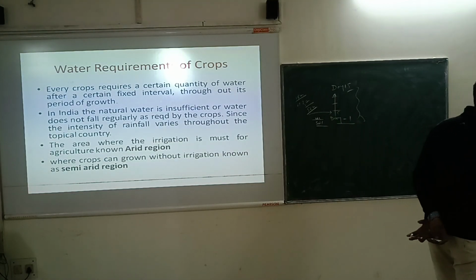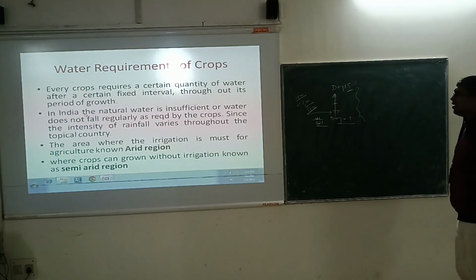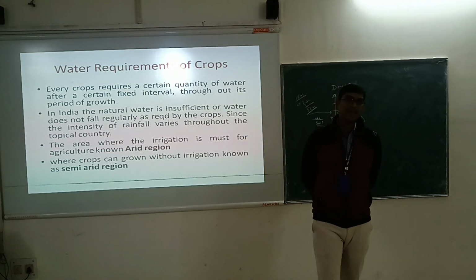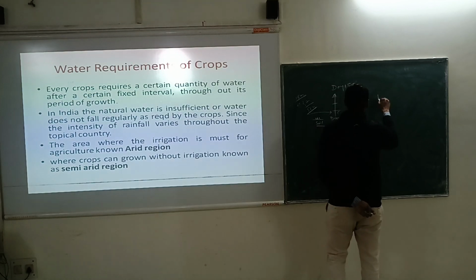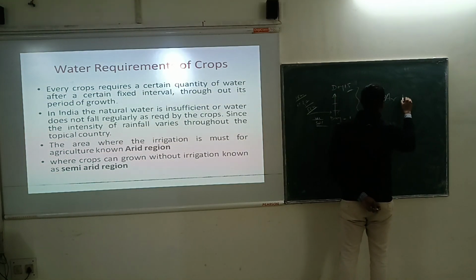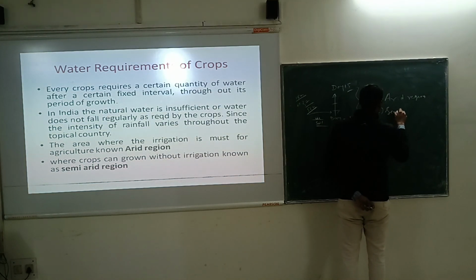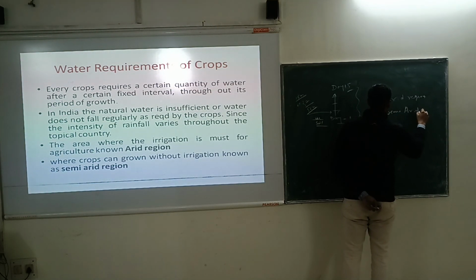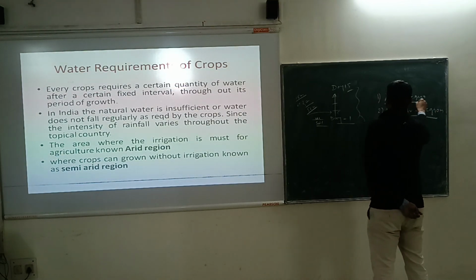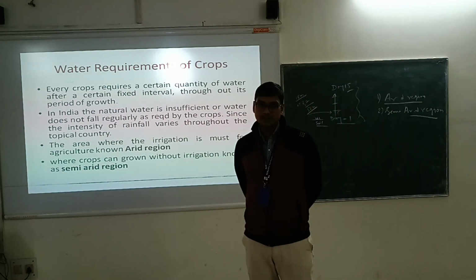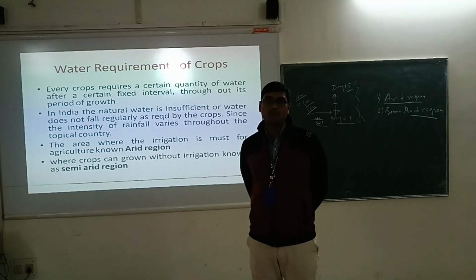Then the next thing is we divide the total irrigation area in India into two parts. One is arid region and another one is semi-arid. Arid region means where irrigation is most important, meaning without irrigation it is not possible to develop agriculture.